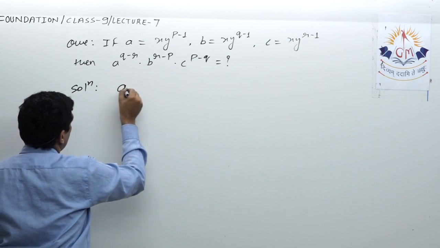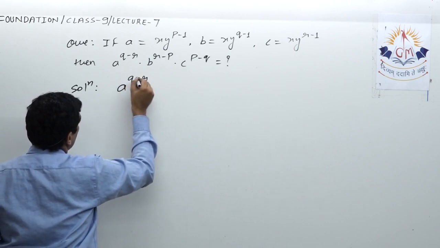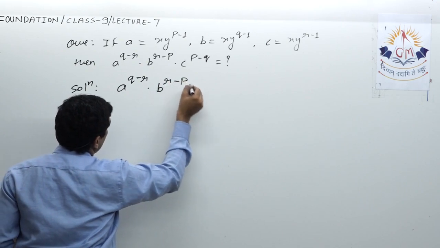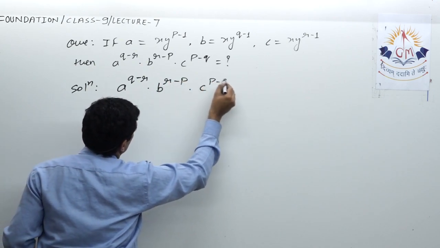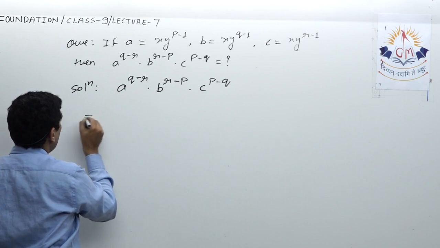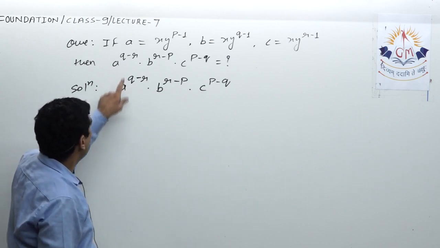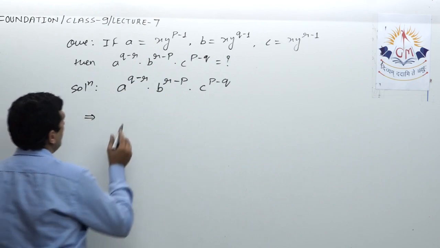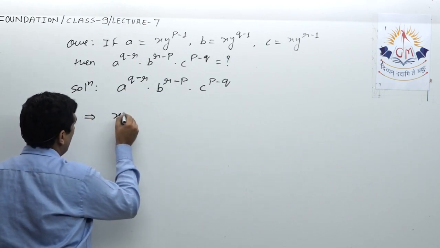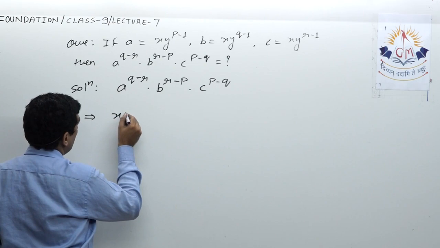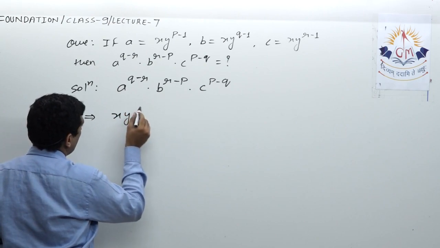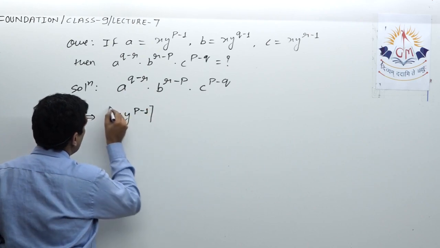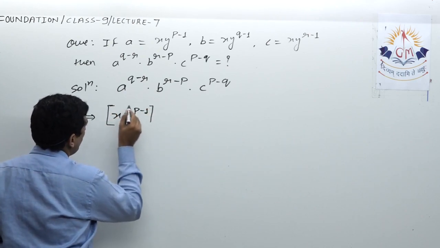Okay, we have a raised to q minus r into b raised to r minus p into c raised to p minus q. Simply what I have to do, I have to put the values of a, b and c which are given in the question itself. So a is x y raised to p minus 1. Okay, this is the value of a.